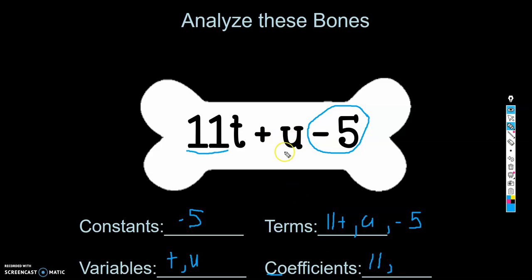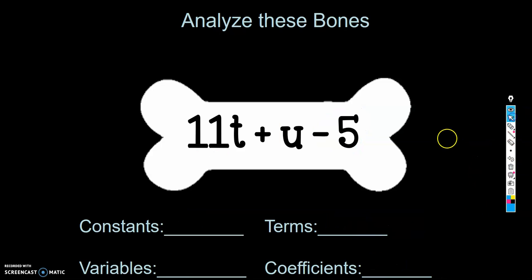How many u's do I have right here? You might be asking yourself, what's she talking about? Well, there is an invisible 1 in front of this u, and I want you to write that in to your expression. There's an invisible 1 always there. The reason we don't write it is we assume if there's a u here, there is one u. So my coefficients, I have an 11 and the number 1.